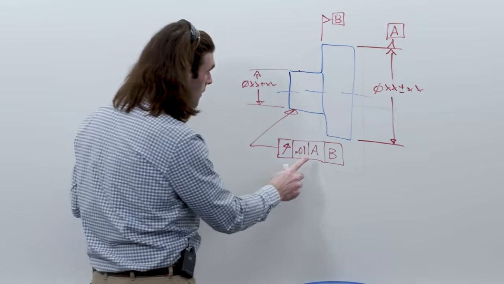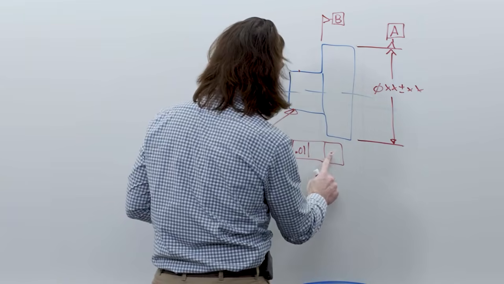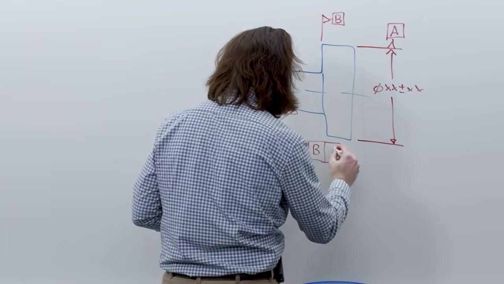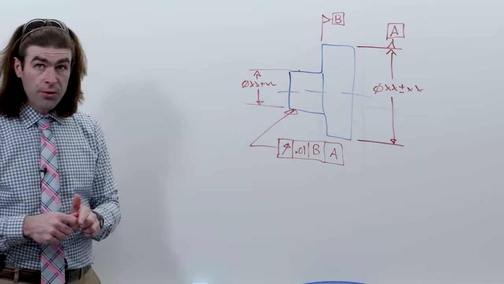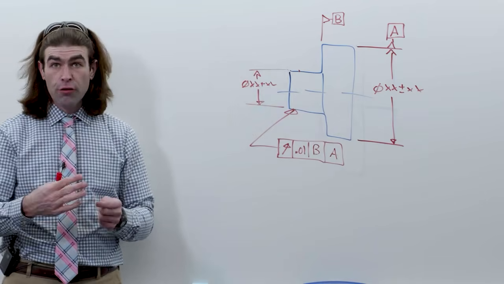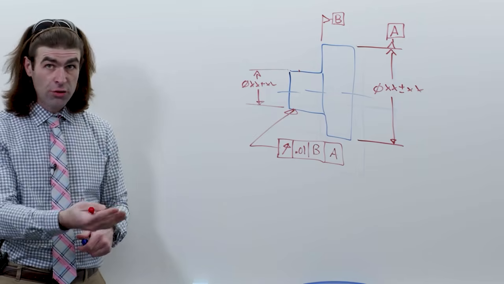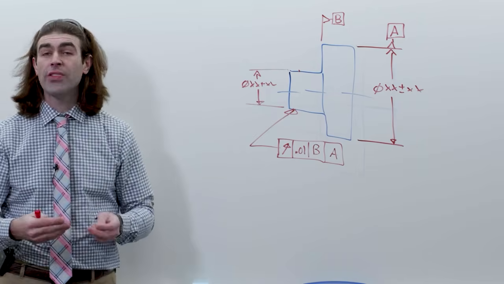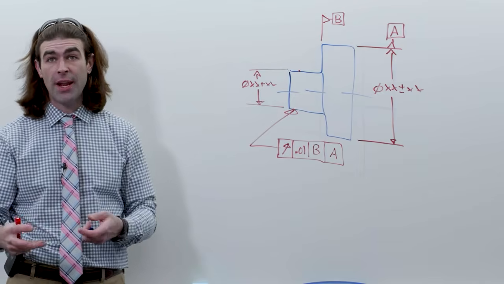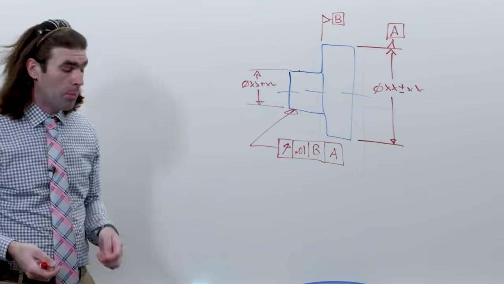But in the other case, if we made the surface perpendicular to the datum axis, datum B, then we do need datum A. There always has to be a datum axis for runout because we've got to rotate the part.